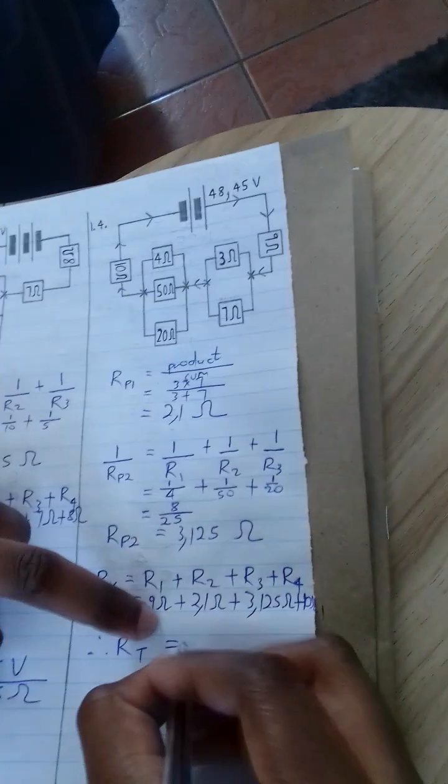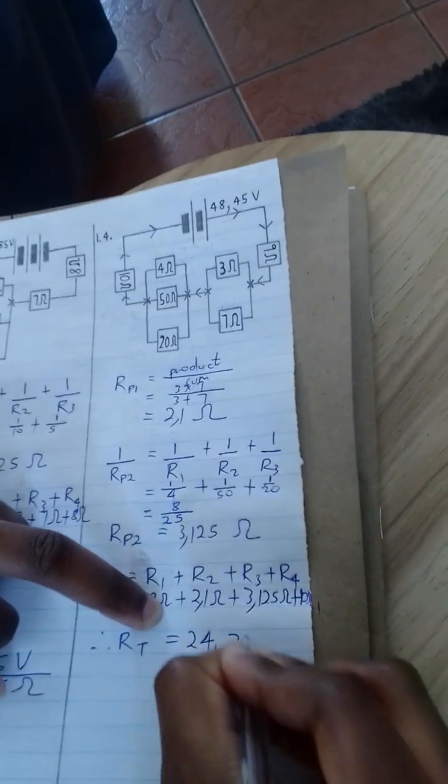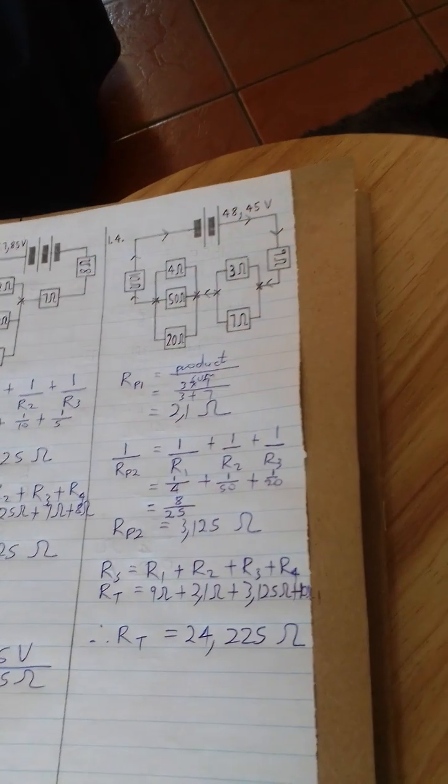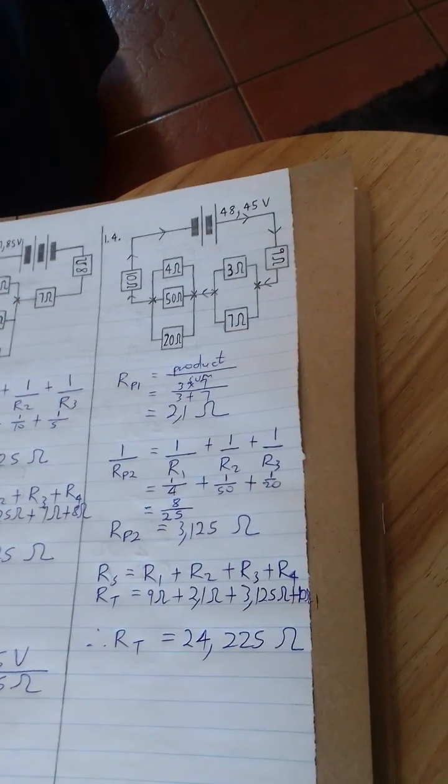That gives 24.225 ohms, or if it says to 2 decimal places, 24.23 ohms, right?